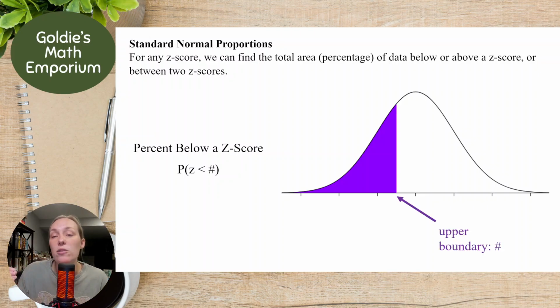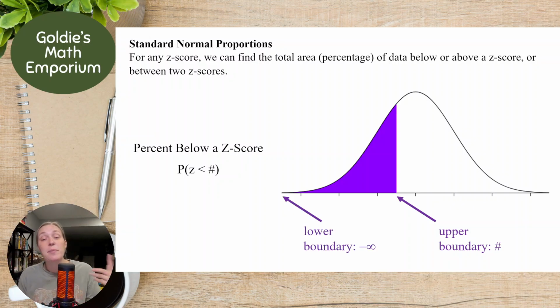We would call this, wherever that z-score is in relation to our normal curve, okay? Could be below the mean like it is here, could be above the mean like Miguel was. That z-score could fall anywhere, but I want to find the percentage below it, okay? I would call that z-score an upper boundary, and that would be an actual value that I found. That would be a z-score.